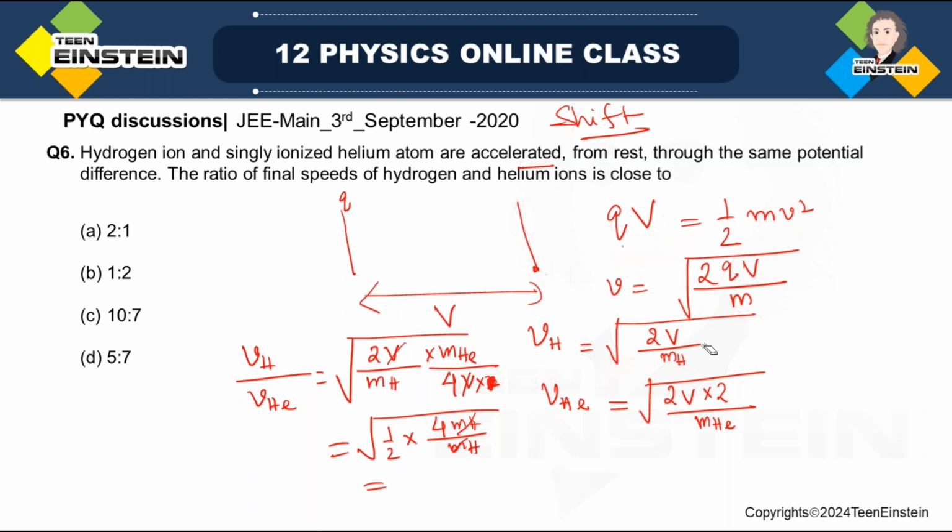Okay, let me do one thing. Let me keep this Q hydrogen, and instead of writing the values here, Q helium, and then put it here so that we get a clear idea. So V anyway will get cancelled.